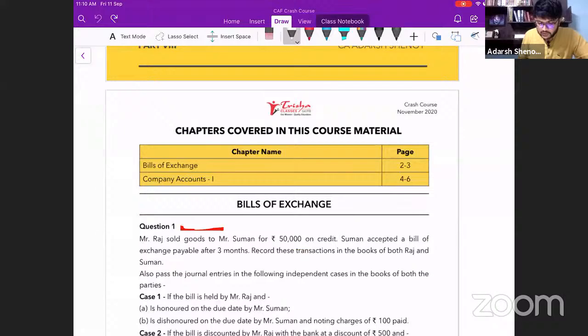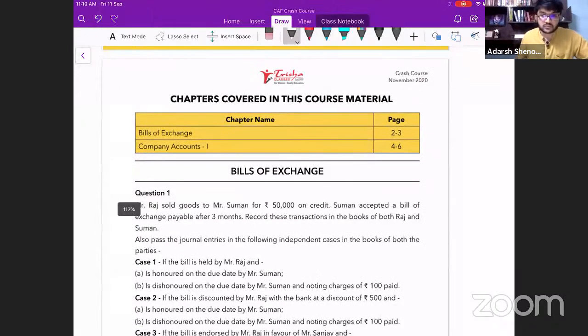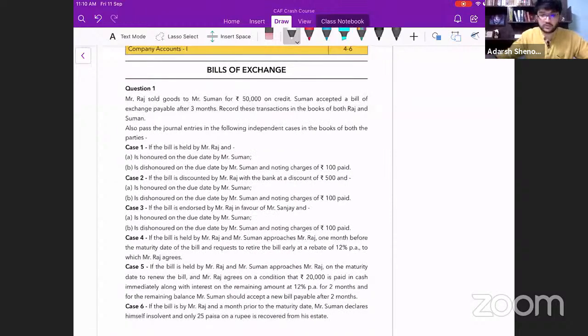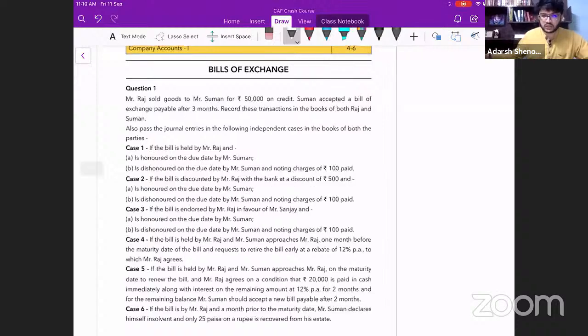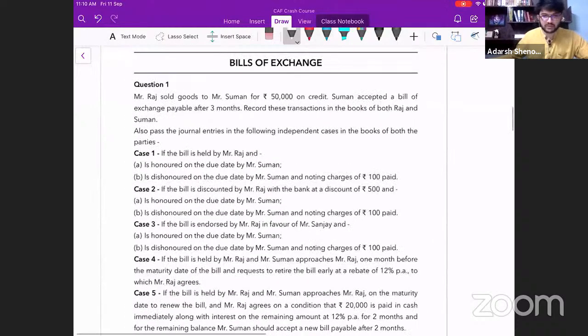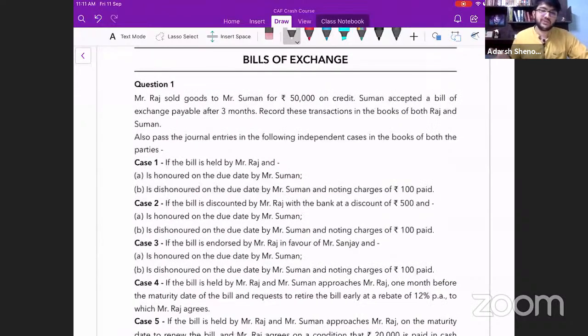It's a comprehensive problem. There are 6 cases, as you can see. Question 2 and 3 are homework, but 1 is to be done in the class. How can I give all the 3 problems as homework? So we will discuss question number 1.